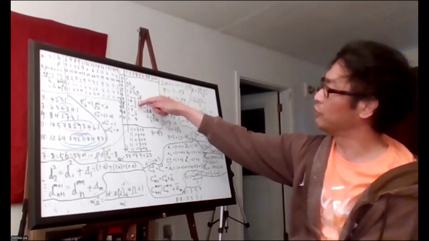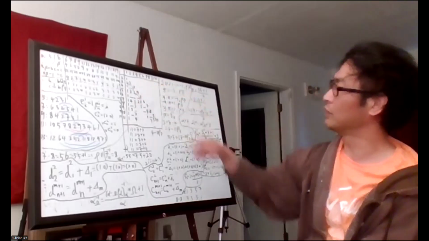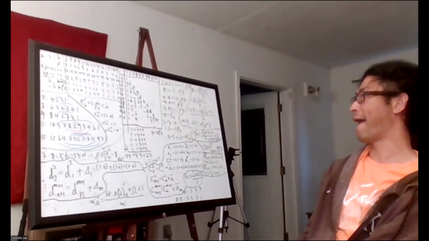We have 2, 1 skip, 2, 1 skip, and then 1, 2 skip, 1, 2 skip.